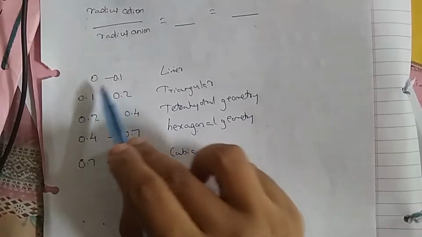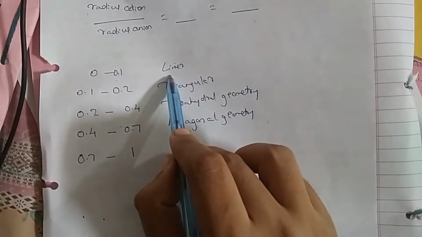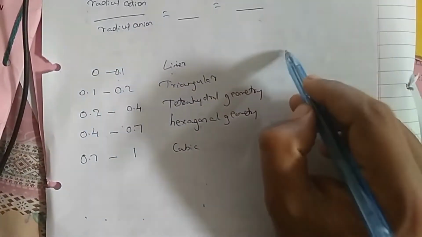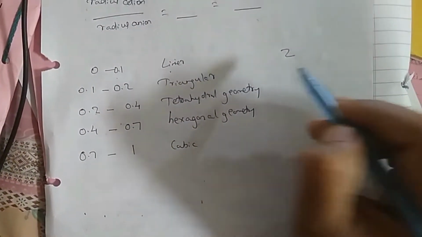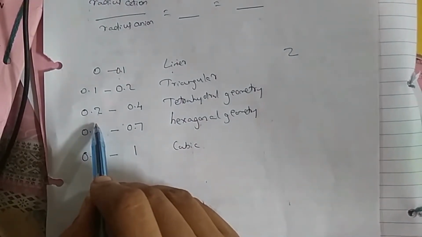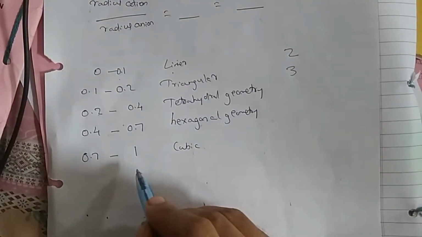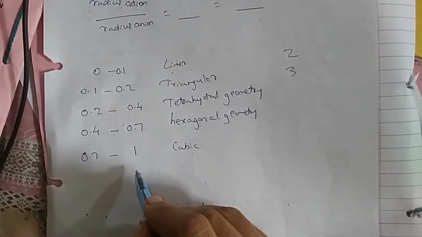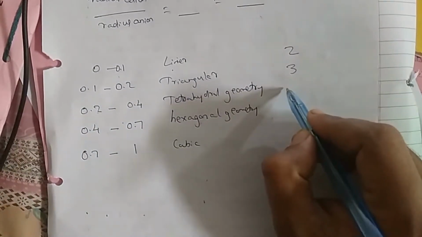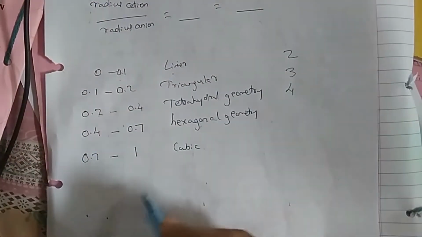For 0 to 0.1 we have seen it is a linear structure and its coordination number will be 2. Between 0.1 and 0.2 it is triangular planar and its coordination number will be 3. For 0.2 to 0.4, it is tetrahedral geometry and its coordination number will be 4.